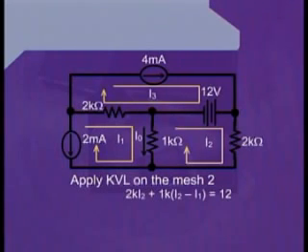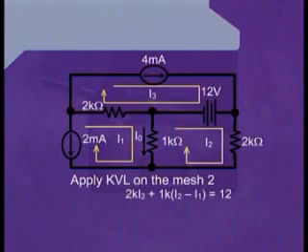starting from the right corner, which is on top of the 2 kilo ohm resistance, we can write 2K into I2 plus 1K into (I2 minus I1). Once again, we have written I2 minus I1 because the 1 kilo ohm resistance is the boundary branch between the two meshes.